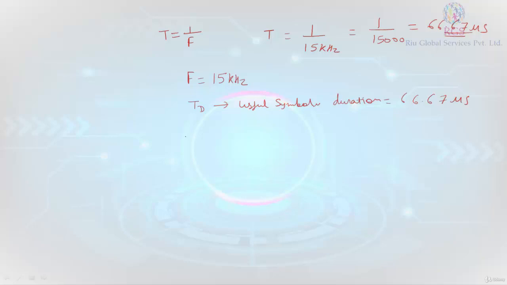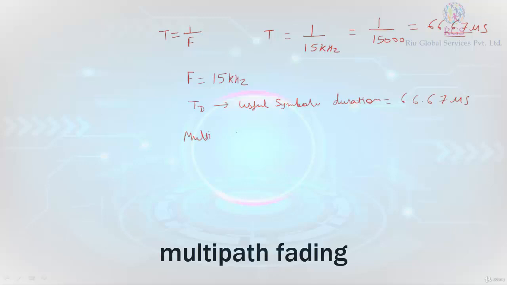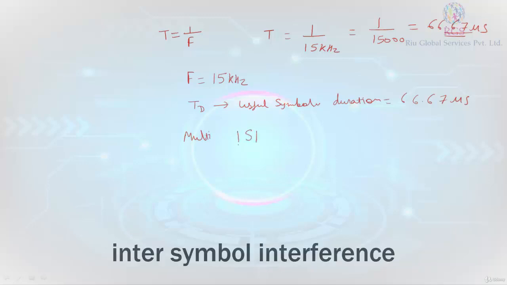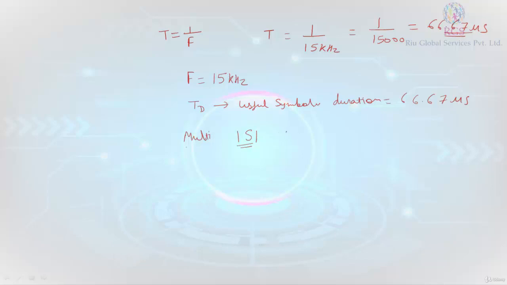But to overcome multipath fading, to overcome the issue of intersymbol interference which happens due to multipath propagation, we add an extra time called the guard period, normal cyclic prefix or extended cyclic prefix. These are the guard times which are added to the useful time in order to make it successful.